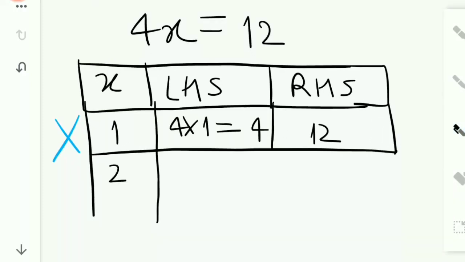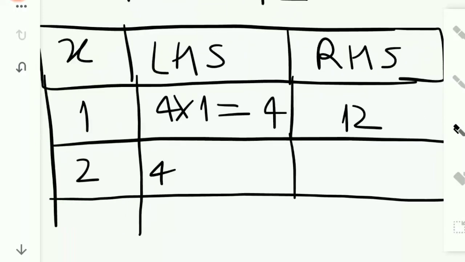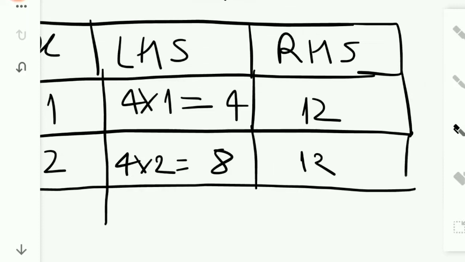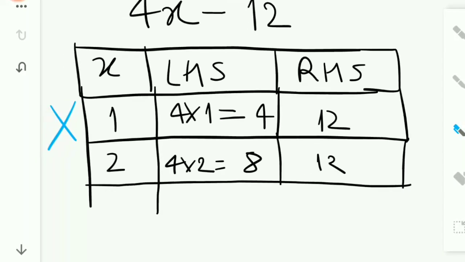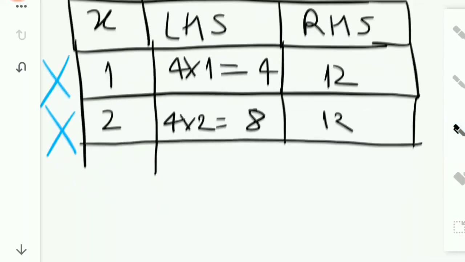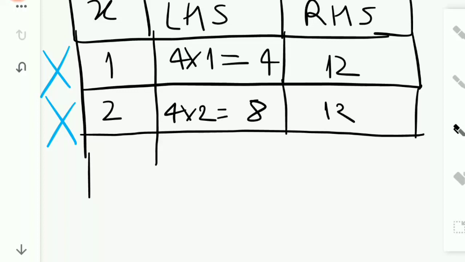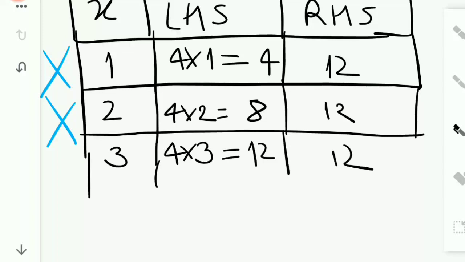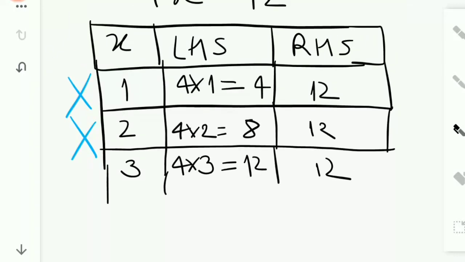Next, if I take x equal to 2, 4 into 2 equal to 8, RHS is still 12. So x cannot be equal to 2. So x equal to 3. If I take this, it becomes 4 into 3 equal to 12. Now LHS is equal to RHS.